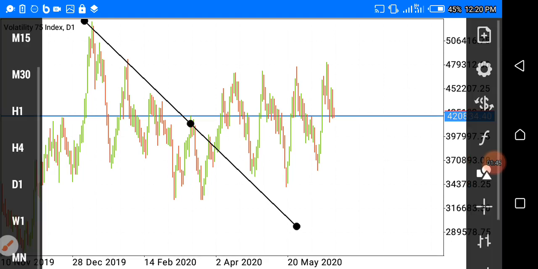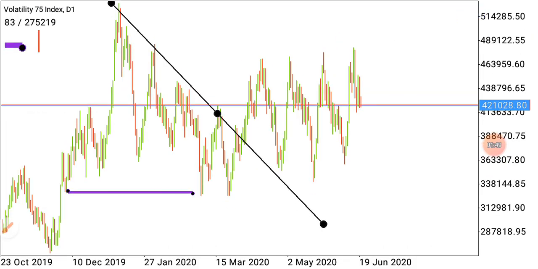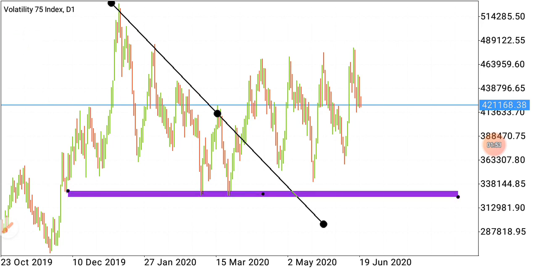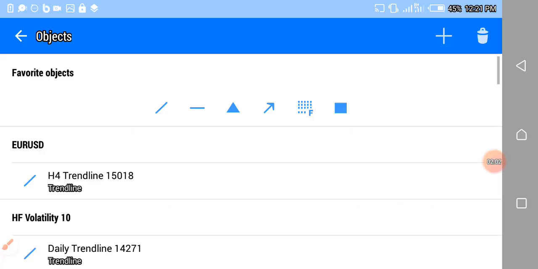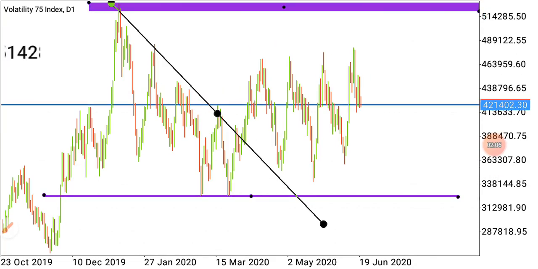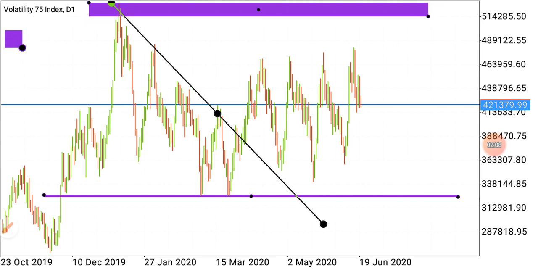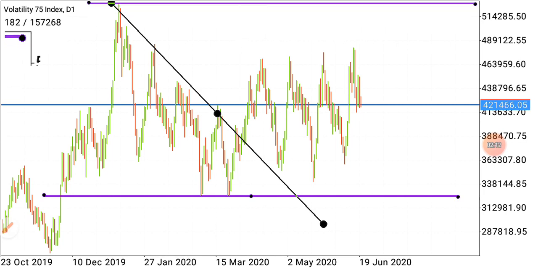Then a little bit of support zones to clearly show that. Okay, a support zone and a resistance zone, which are very, very important. These are zones that are really important, because without these zones, I think we are lost in the markets.